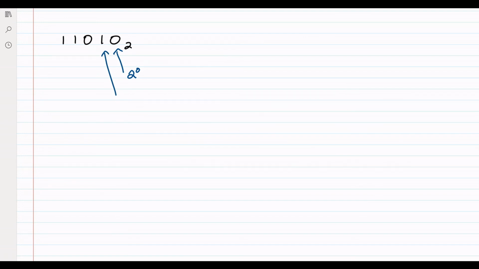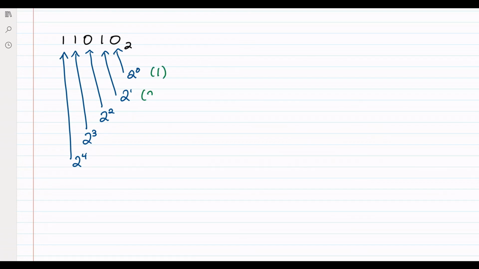This column would be the 2 to the 1 column, or the twos column. This one would be the 2 to the 2 column, or the 4's column. This one would be 2 to the 3, or the 8's column, and this one would be 2 to the 4, or the 16's column.